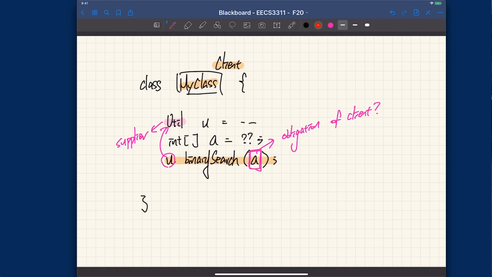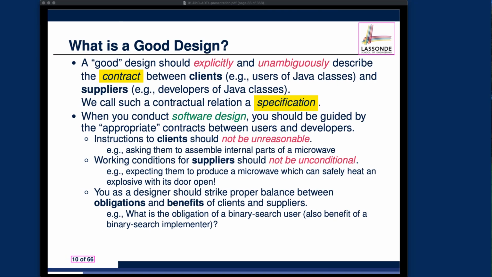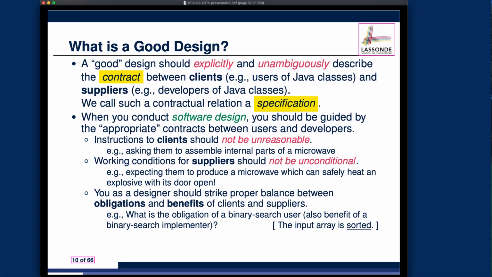So now the answer should be A is sorted. Okay, hopefully this small quiz can help you further understand client, supplier, obligation, etc. So A is sorted should be the answer. Okay, hopefully the illustration makes sense to you. Okay, let me go back here. And then the answer should be the input array is sorted.